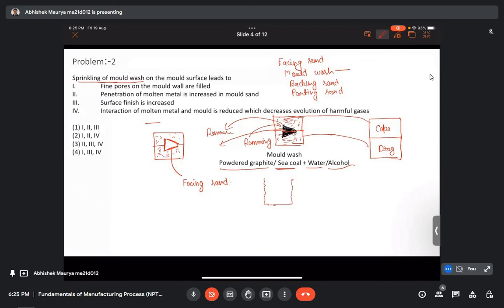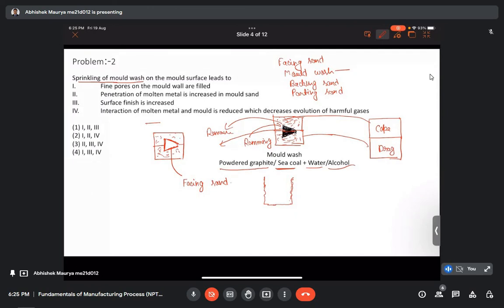So some walls will have some local distortions like here, which I have drawn in the figure. Then if we pour the metal inside it and make a casting, then definitely it is going to have surface defects. So to avoid this, we use the mold wash.